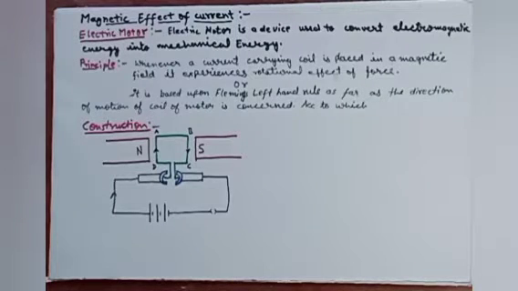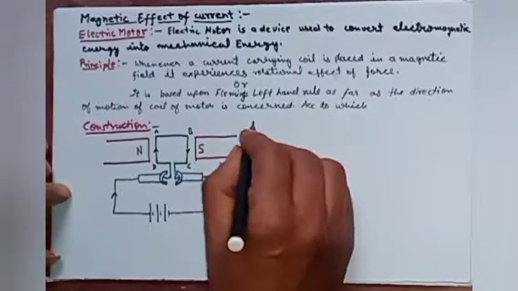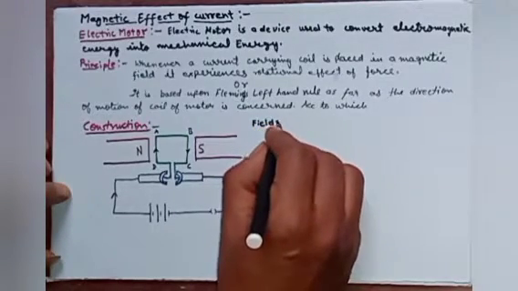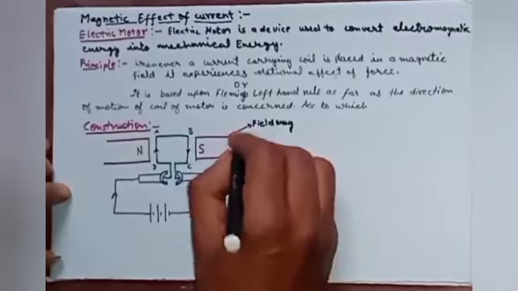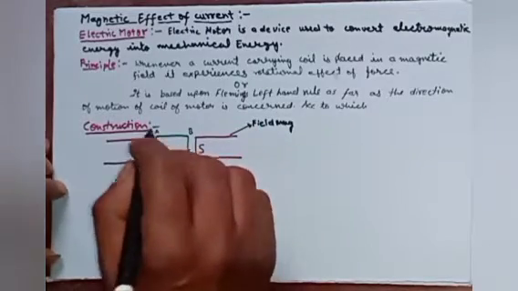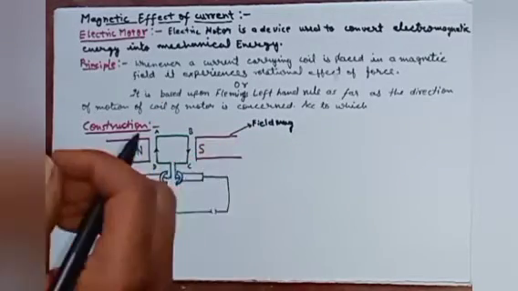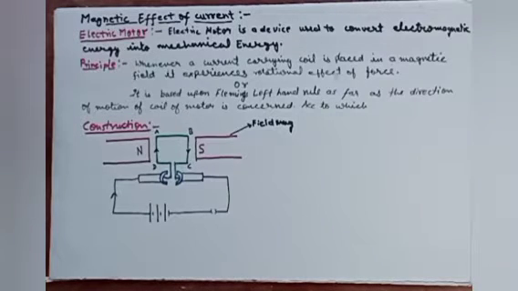So these poles are called field magnets. This is called armature coil. Armature coil together is a name of insulated copper coil wound over iron core.